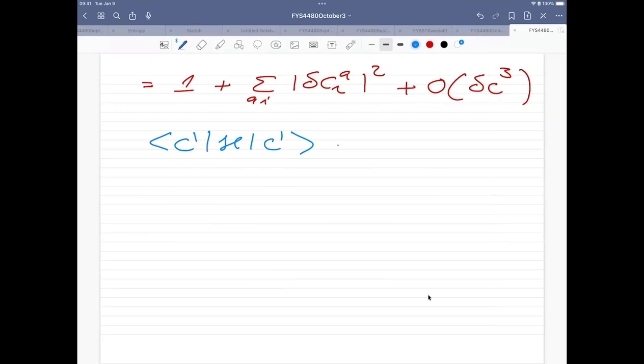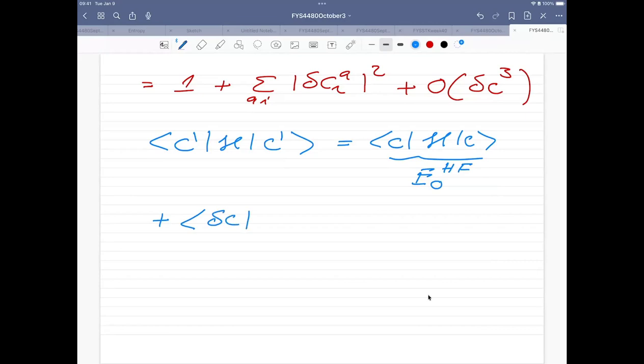This is going to have a term which is C of H of C. This is nothing but what we call a reference energy, or in our case, the Hartree-Fock energy. Then there's going to be a term which goes like delta C of H of C plus C of H of delta C.